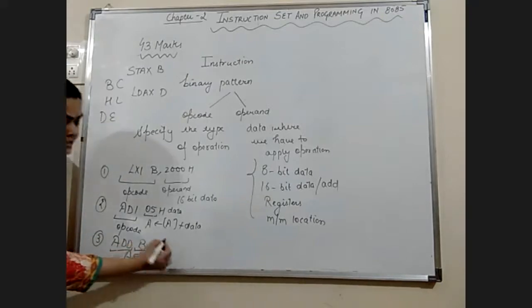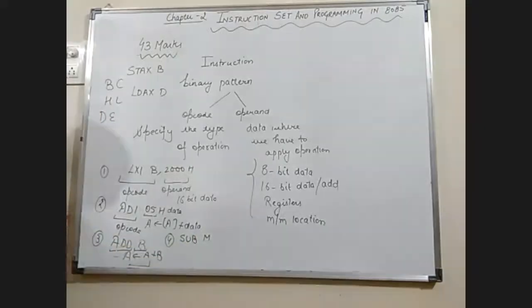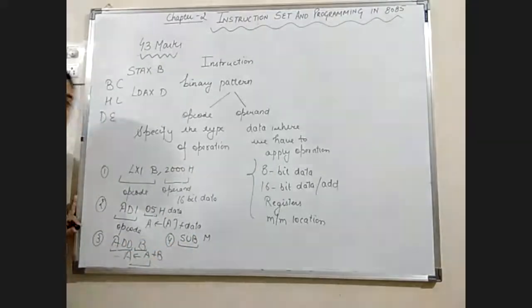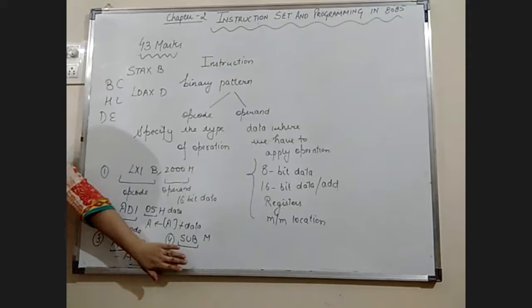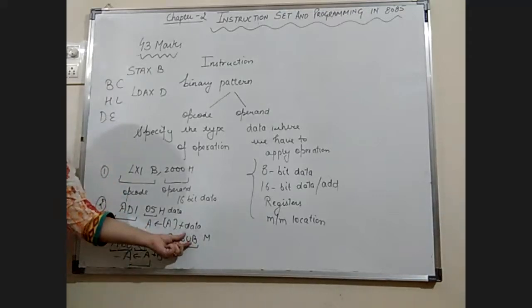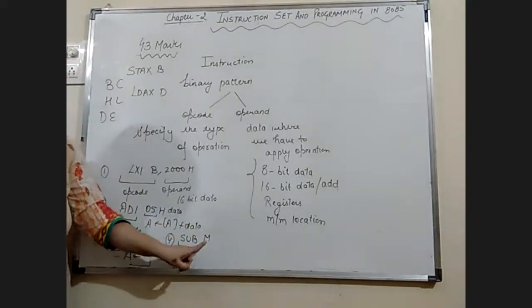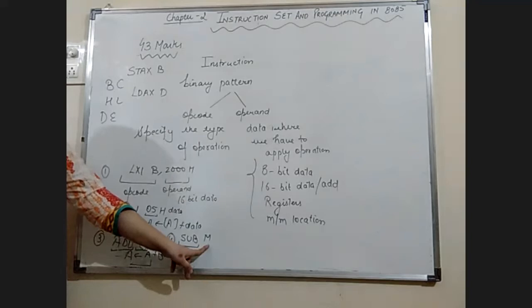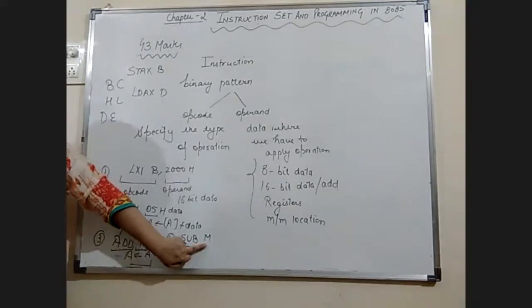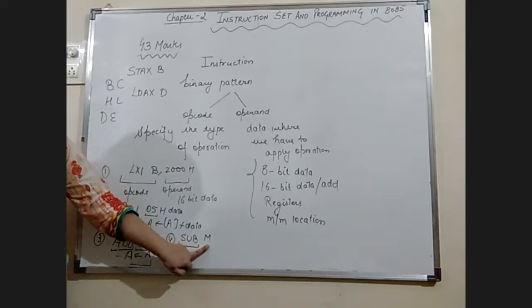Okay, next example, suppose we have SUB M. So here in this case this is the opcode which will tell that the subtract operation will be performed, but with what? With the accumulator contents and with the contents of the memory location that is pointed to by this M. Okay, so here in this example M is a location where data is stored.